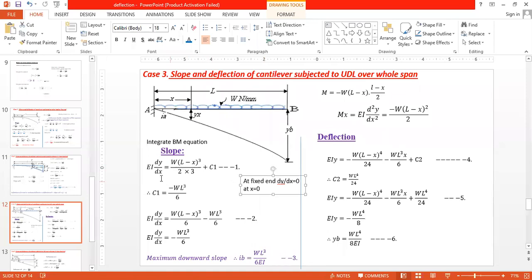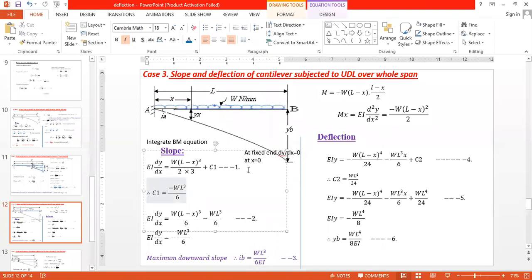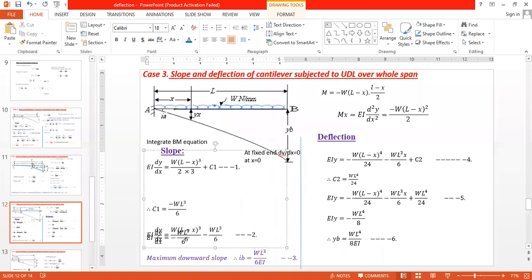Now you see here, EI dy by dx equal to w into (L minus x) cube divided by 6 plus c1.